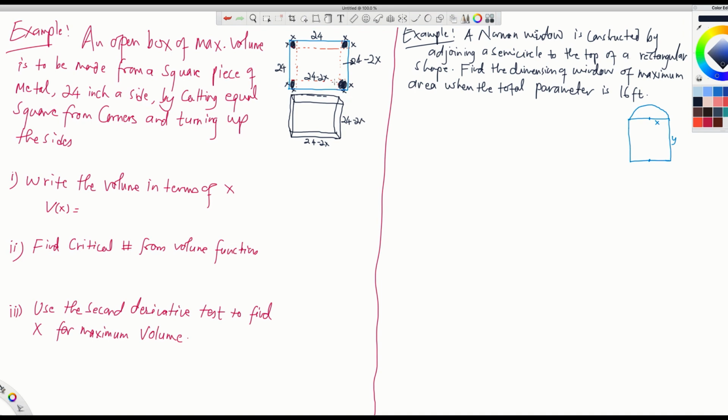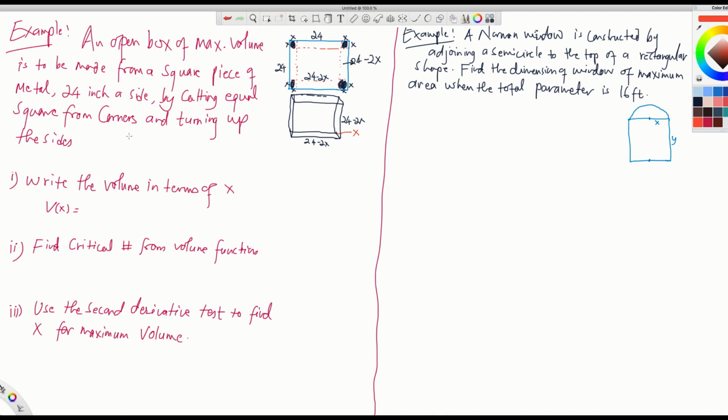After you remove that, you fold it and turn it up, and that side is turning up. So what is the height of this box? The height of this box is X inch. So this part is also X units. So this box has a square base of 24 minus 2X by 24 minus 2X, and the height is X. So this is the box.